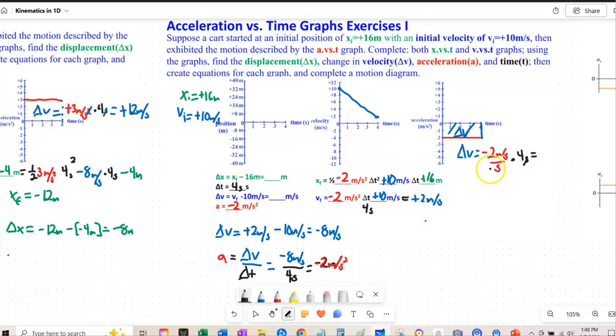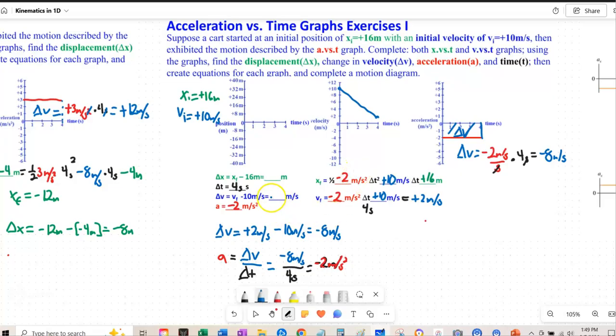Again, that little s cancels out with that one, and we end up with a total change in velocity of 4 times -2, which is -8 meters per second. So again, on these little exercises, there's a lot of ways to do these things.